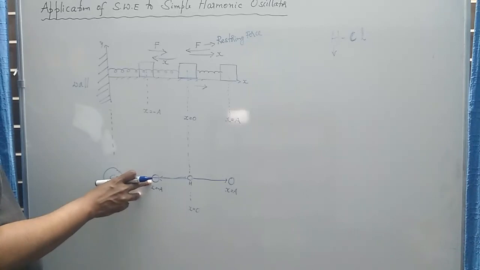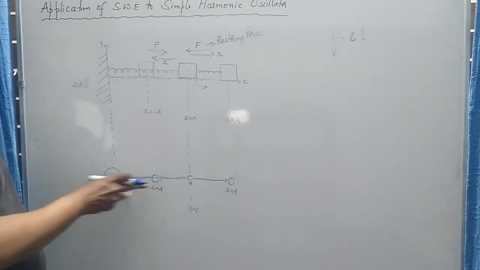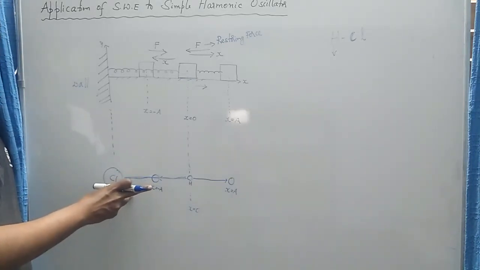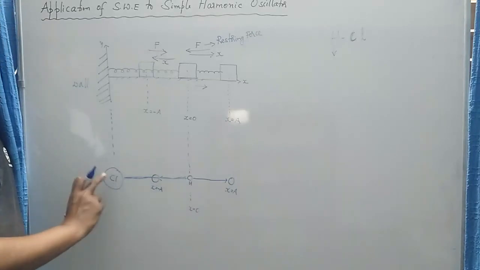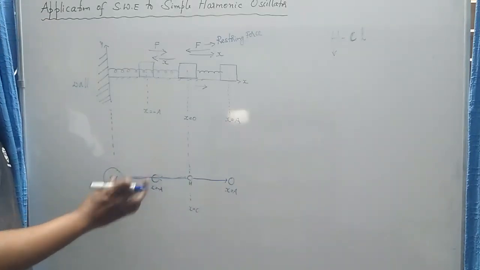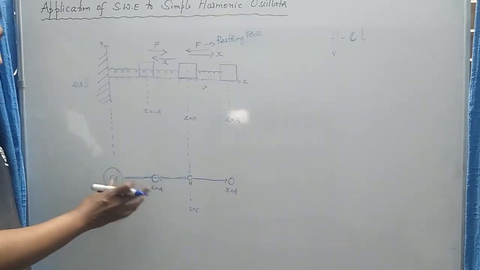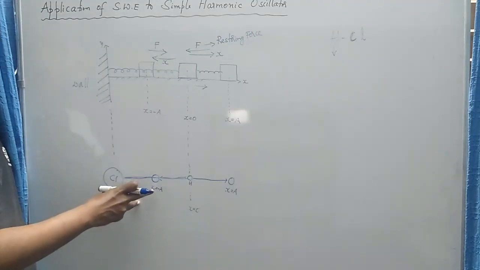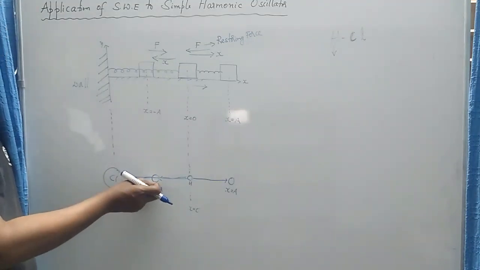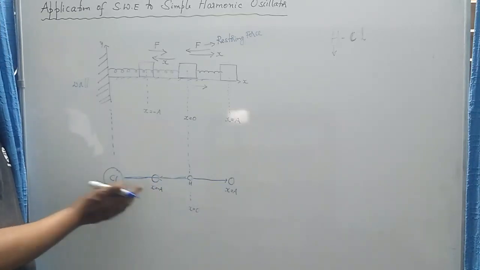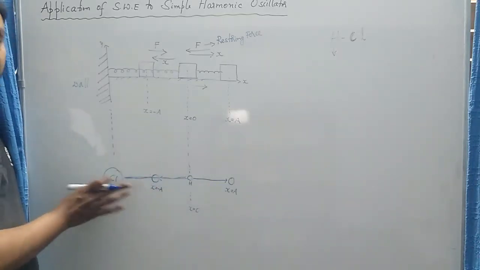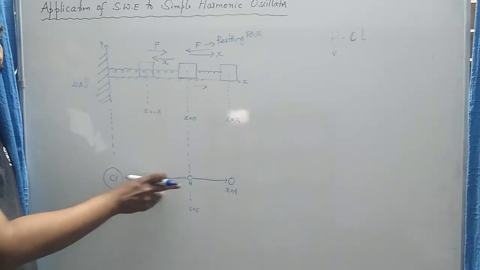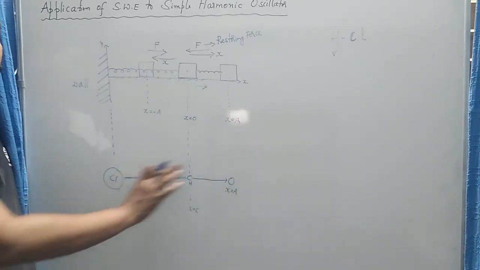The particle cannot move further, because after this point the force of repulsion between the electrons and the nuclei of the hydrogen and chlorine atoms becomes far more dominant than the force of attraction. This is the limit up to which the HCl bond can be compressed. Once the hydrogen atom reaches x is equal to minus a, again the restoring force, here the force of repulsion, tries to take the hydrogen atom to its equilibrium position, and this to and fro motion will continue.